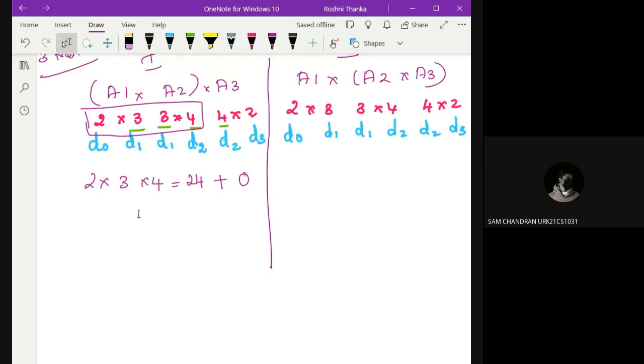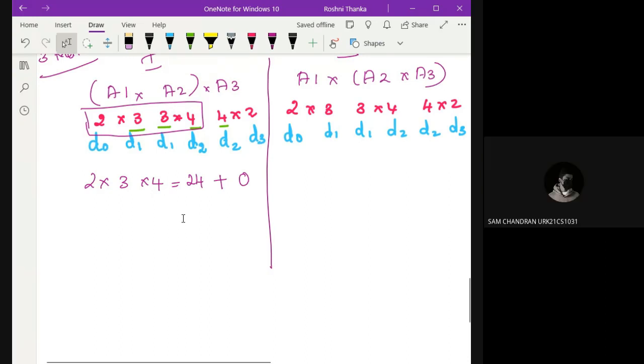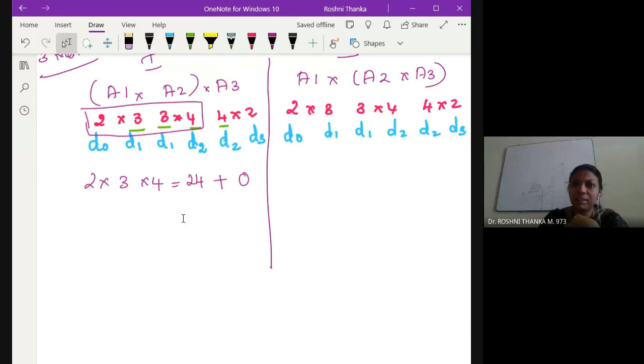Hope you are listening. Can you tell me what is the size of the resultant matrix when I multiply A1 and A2? So A1 is a matrix, A2 is a matrix, right? When I multiply this A1 matrix with A2, what will be the size of the resultant matrix? 20. Sam, where are you at present?